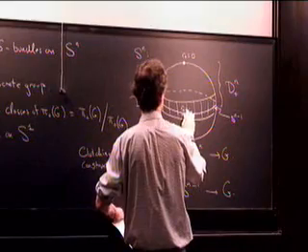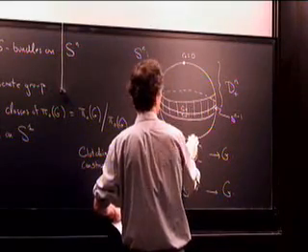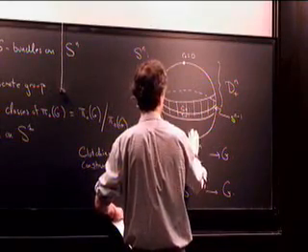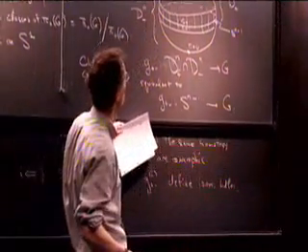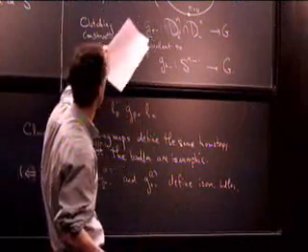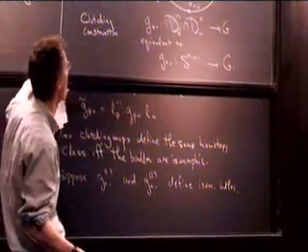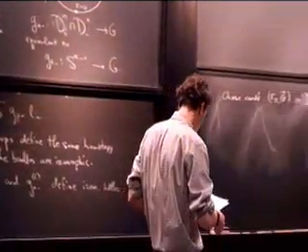And similarly, the equator is at r minus equals 1, and the south pole is at r minus equals 0 in the southern hemisphere. Of course, I'm using the word hemisphere, but this is true for all n bigger than 1.